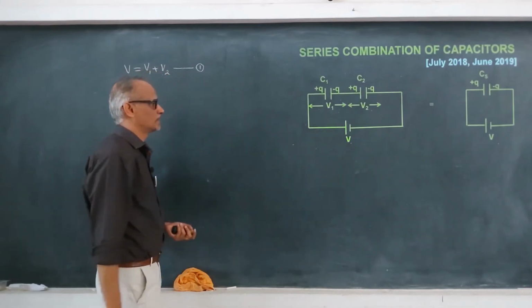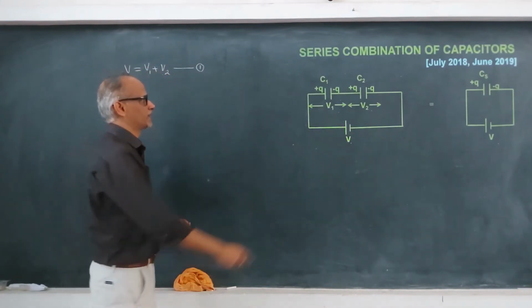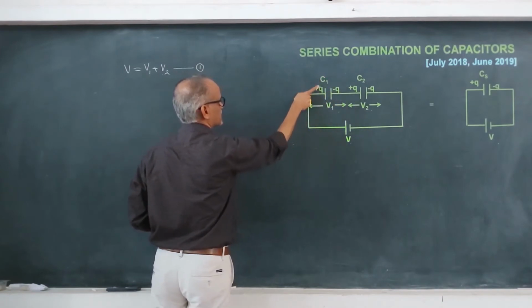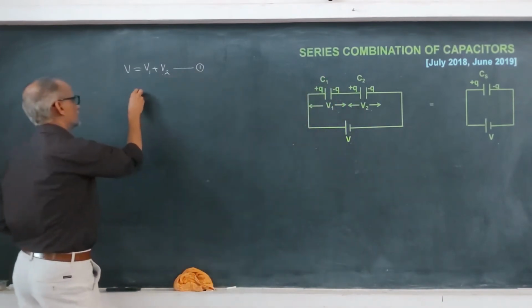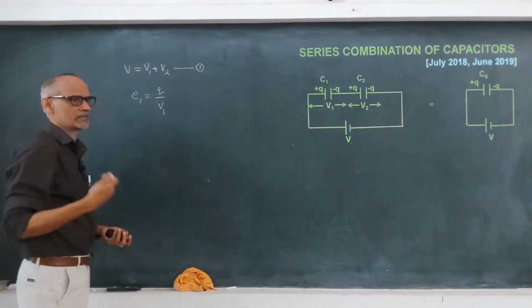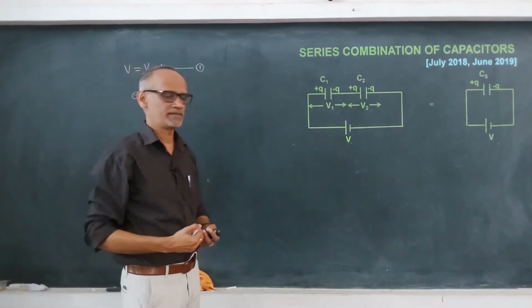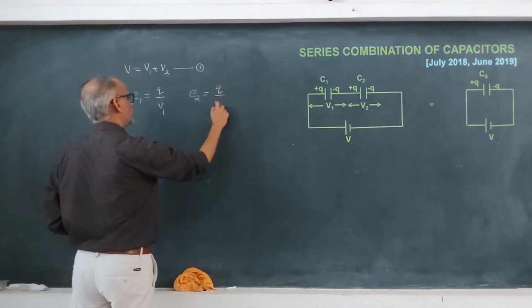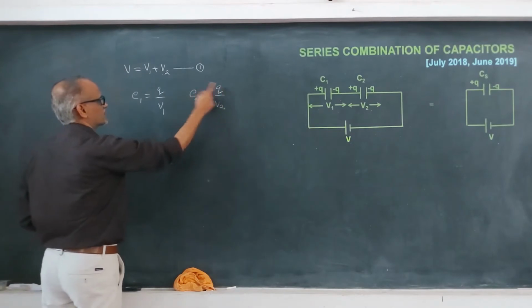Okay. So now take the first capacitor here. Relate these three variables. What is the relation between C, Q and V1? C1 is equal to Q by V1. That is the relation between capacity, charge and the potential difference. What about the second capacitor? C2 is equal to Q by V2. Check this, important. See, Q is the same, charge.